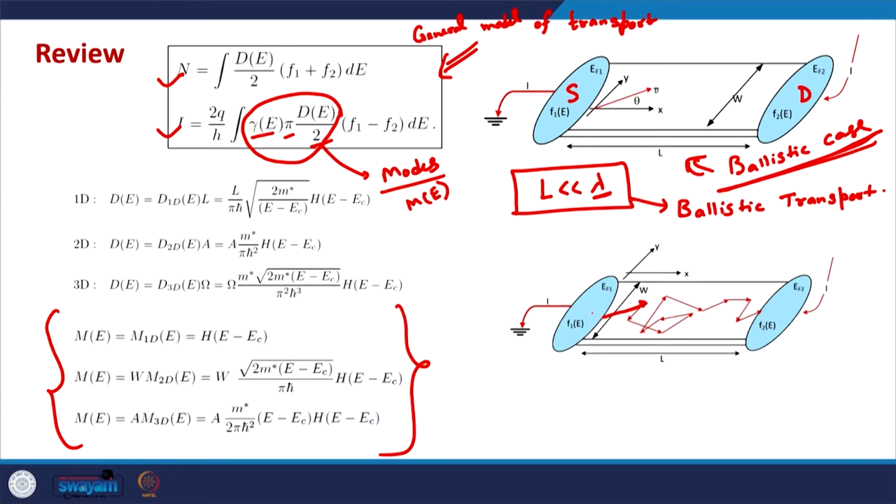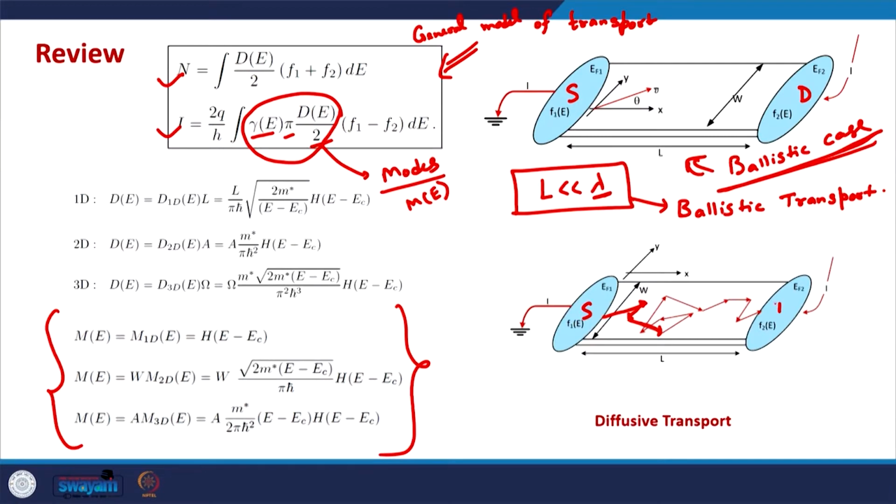The electron will start from the source contact, collide with something, and might deflect backward as well, or in some cases forward. Some of the electrons that start from the source side eventually reach the drain side when there is a voltage applied across the device. Many electrons may not reach the drain side actually.